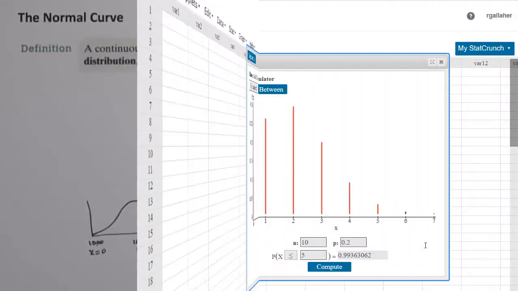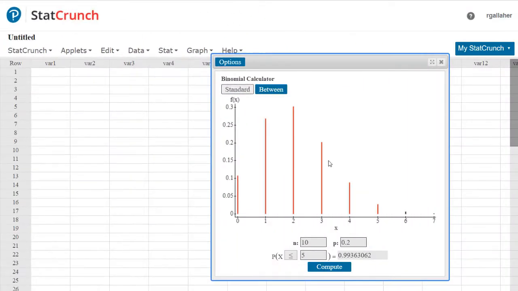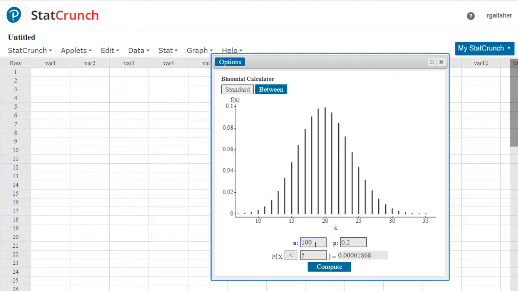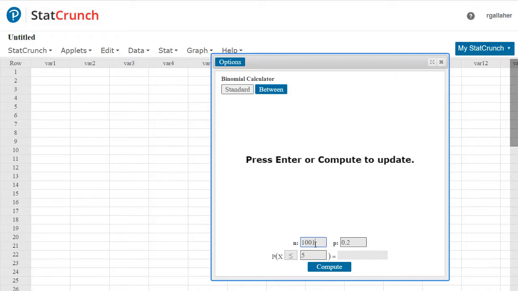Previously, when we studied the binomial probability distribution, we studied its shapes. Here we have the graph of a binomial distribution that has n equals 10 and p equals 0.2. We discovered before that if we increased the number of repetitions of the binomial experiment, the shape of the distribution would become more and more perfect.